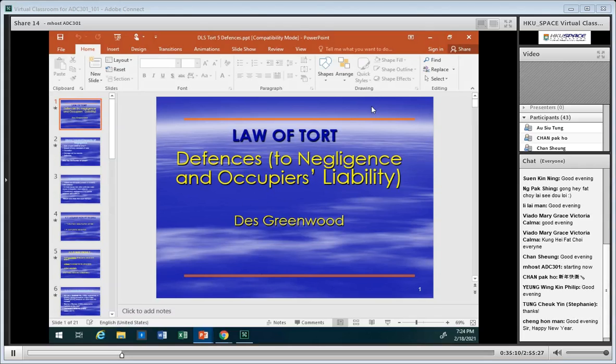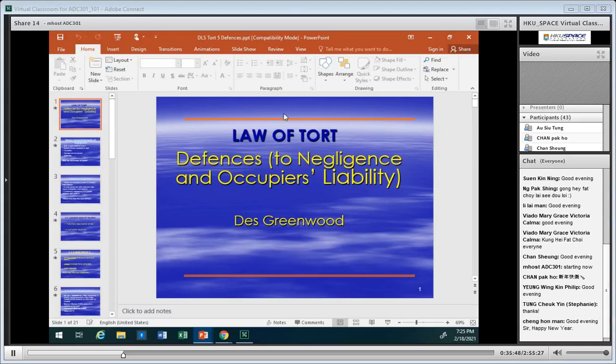The only difference is that with occupier's liability, the defendant is always somebody who controls premises, an occupier, and the duty owed by an occupier is to visitors on the premises. And the duty that is owed by an occupier is very similar to the duty of care. In fact, there is a special name for it. It's called the common duty of care. So there are very similar elements with occupier's liability to negligence.